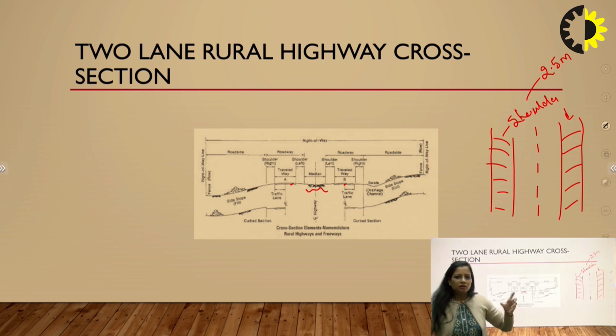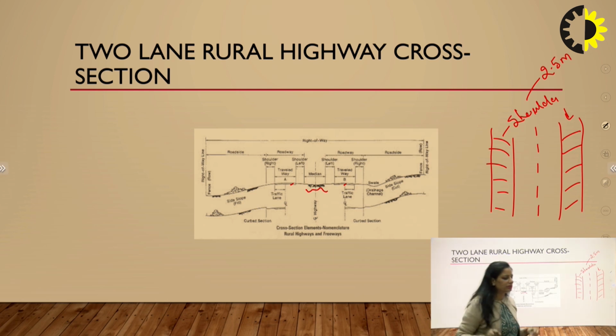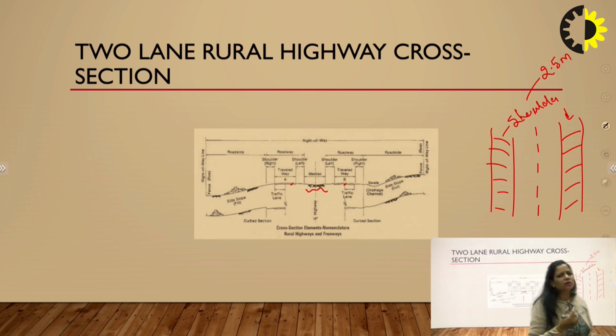That's why this kind of shoulders may be provided. And also we can use shoulder to park vehicles at any time, maybe two-wheelers, maybe four-wheelers. These are some simple uses of shoulders. In this particular cross section there are two shoulders, on the right side and the left side.